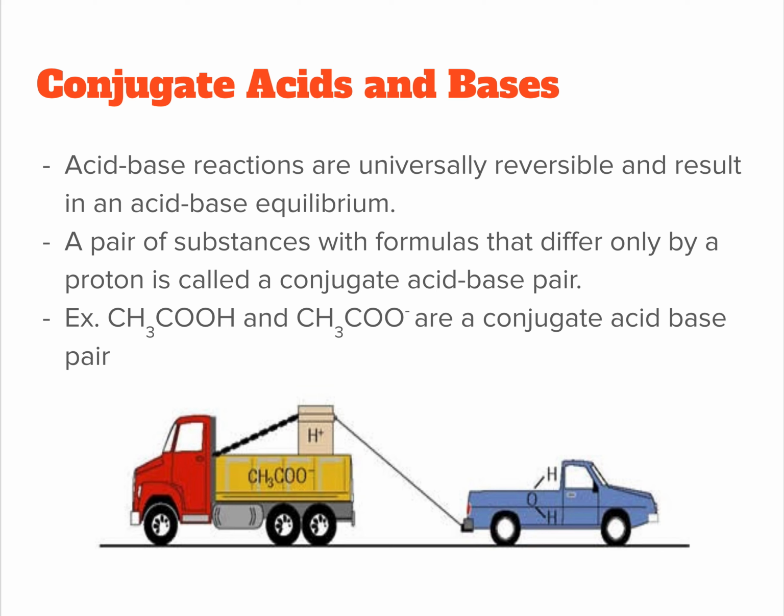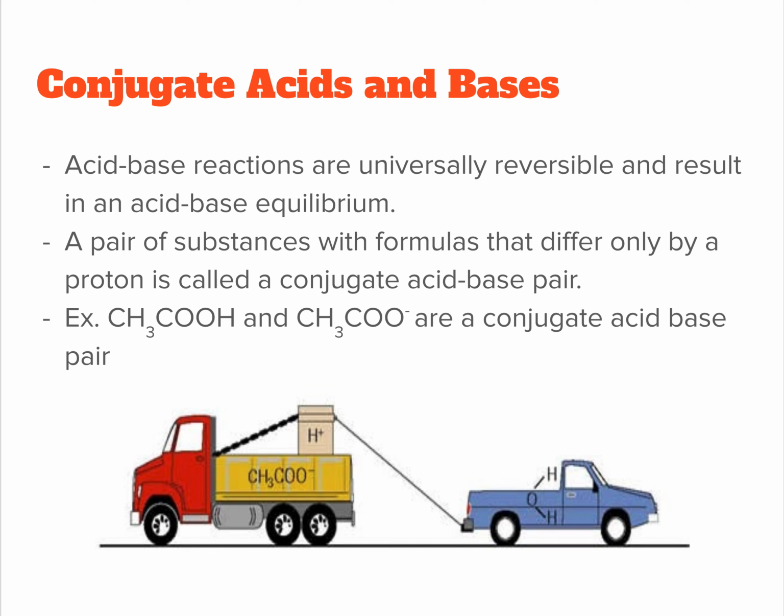A conjugate base is a chemical that is going to be capable of accepting a proton, and it is paired with the Bronsted-Lowry acid. So the example I've given in here, both in text and in the diagram below, is of acetic acid, hydrogen acetate.